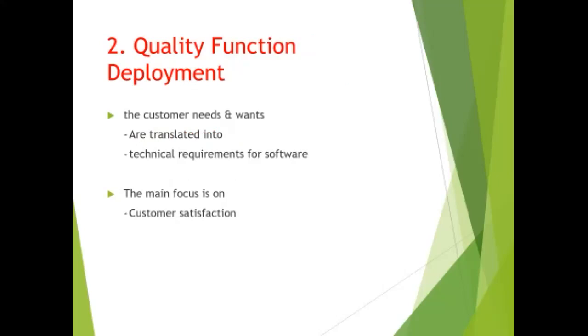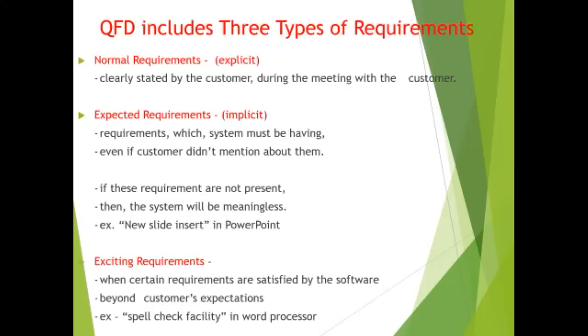That means the customer needs and wants are translated into technical requirements for software. The main focus is on customer satisfaction. Here, the quality function deployment includes three types of requirements. First, normal requirements, that is simply called explicit.